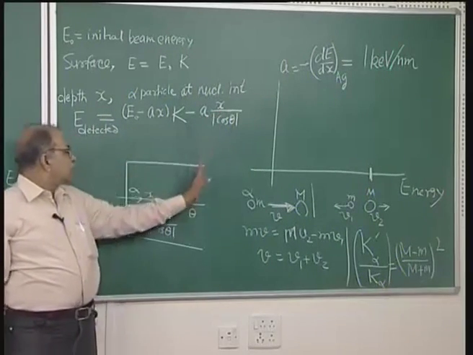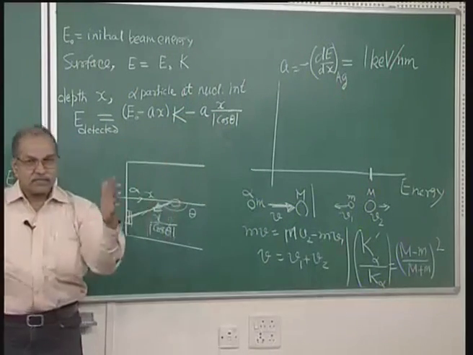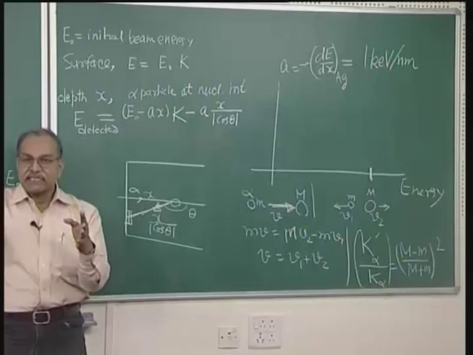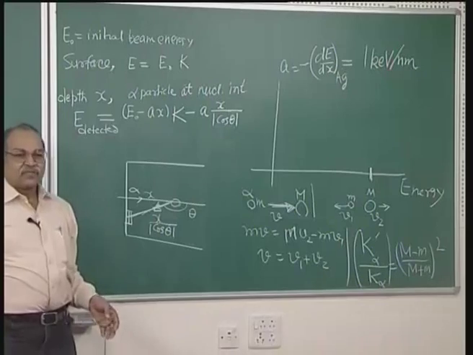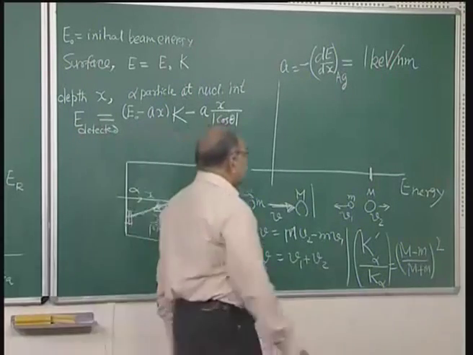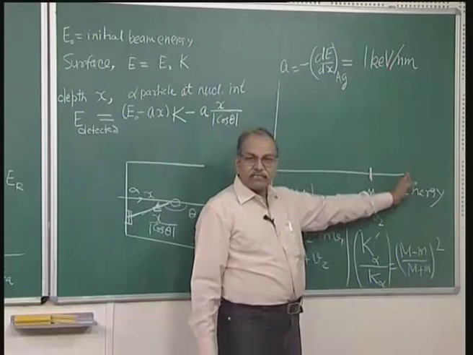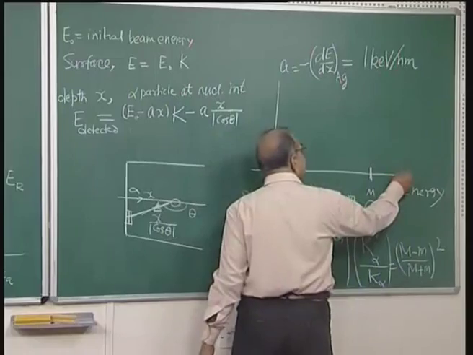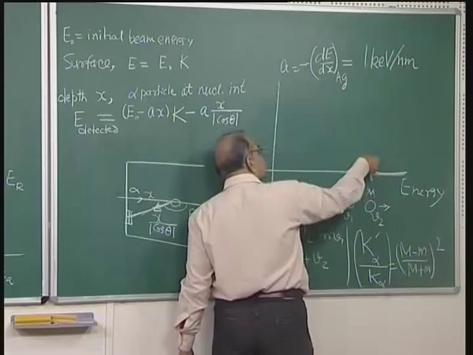So, as the alpha particles go through that silver layer and collide at different places and come back, you will have alpha particles of lower energies. So, nothing to the right of this, but there are alpha particles to the left of it, and you will have a spectrum something like this.